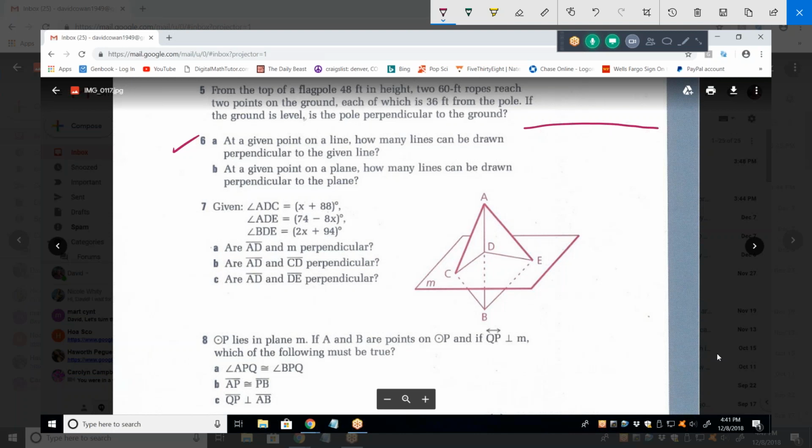Would it just be one? There's the point on the line. How many lines can be drawn perpendicular to the given line? Again, if you're in one plane, I see only two.